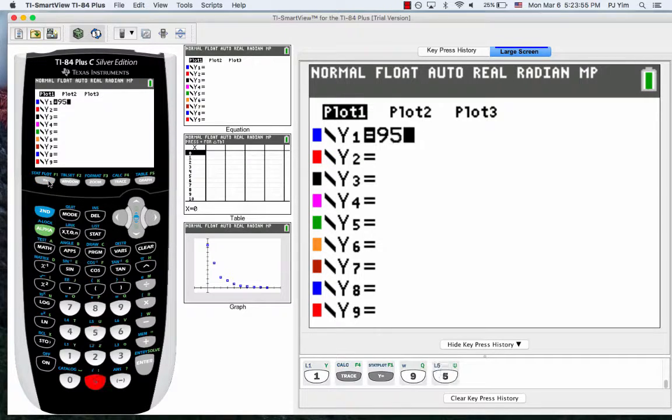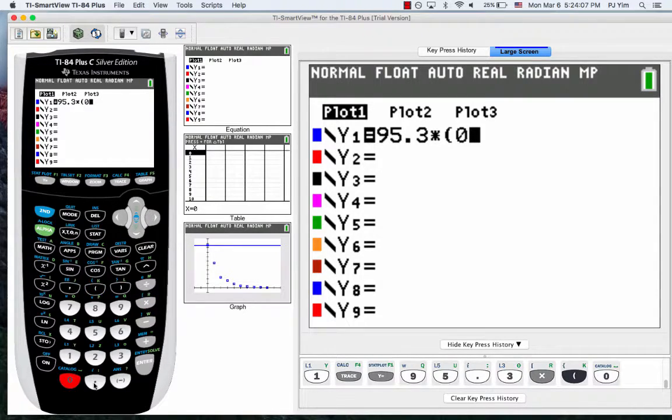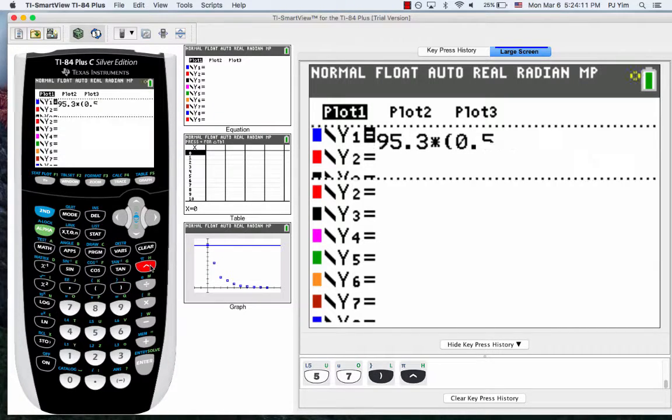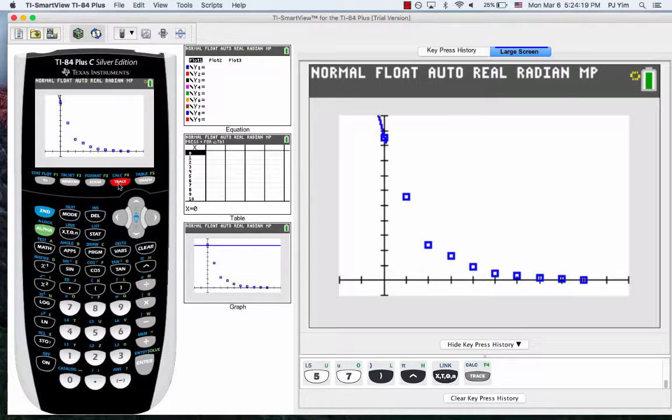It's 95.3 times the base, which, if I'm not mistaken, was 0.57. So let's put parentheses, 0.57 to the power of x. Let us trace it. And it fits pretty nicely, doesn't it?